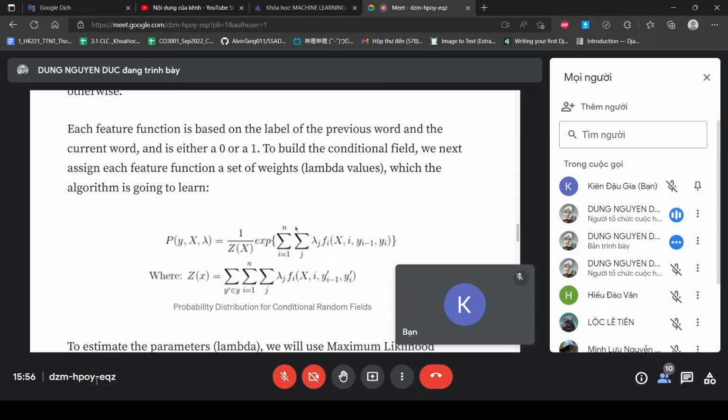And you sum over all of that, then you get the value in the bracket over here. And you will divide by Z(x). Z(x) is like the sum over everything. Then the probability of y given x with lambda will be the formula you see over here.